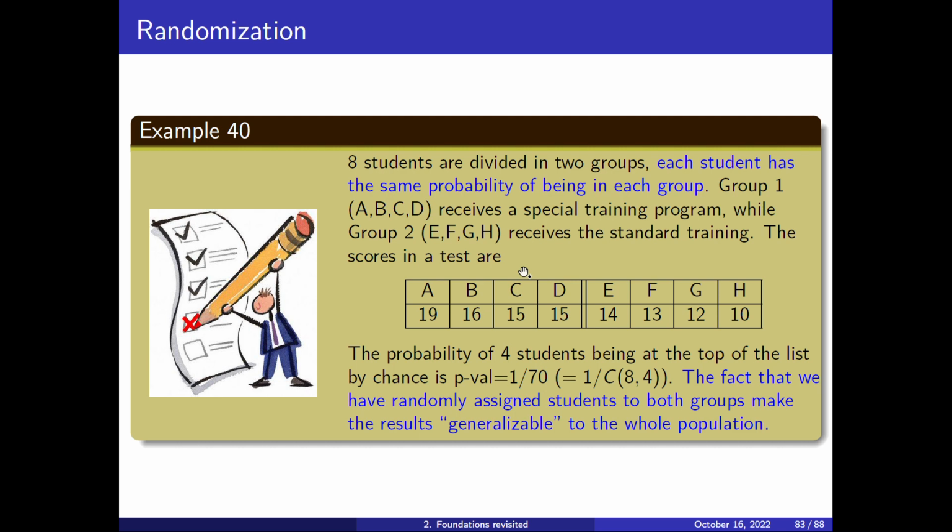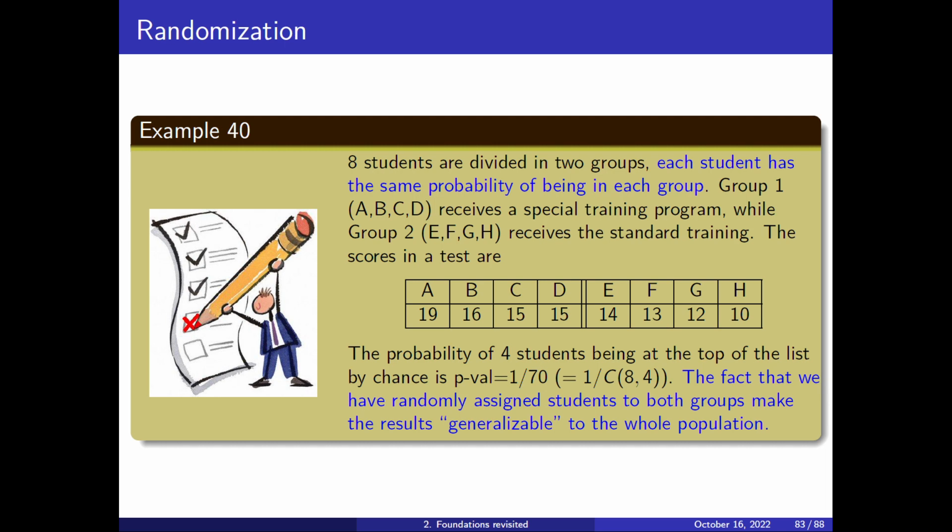The first 4 students receive a special training program, while the second group receives the standard training. Now you have the scores, so these are the scores of the people in one of the groups, and these are the scores in an exam for the second group. So what is the probability that the 4 students in group 1 are at the top of the list?